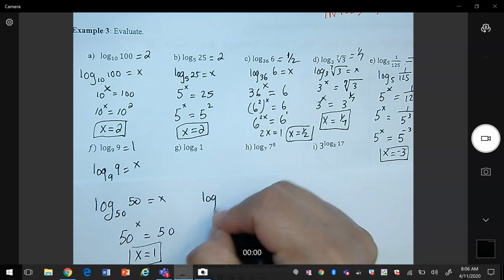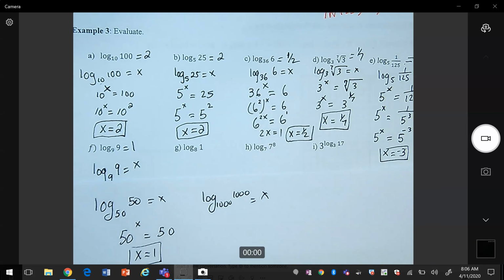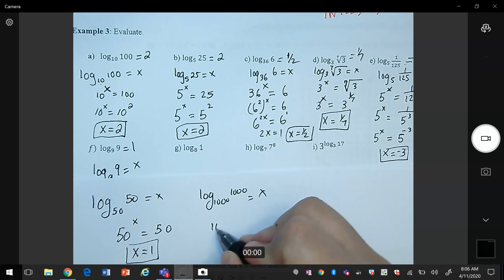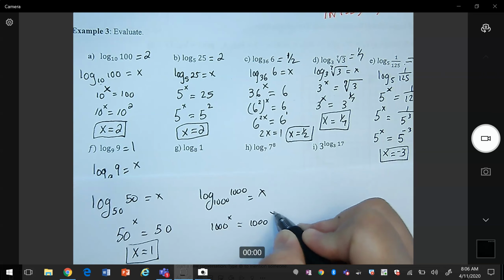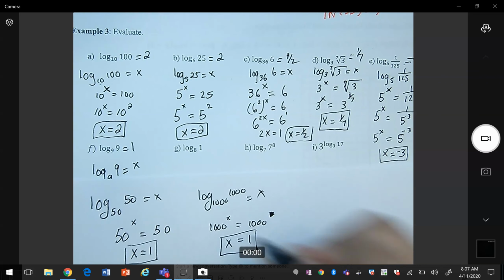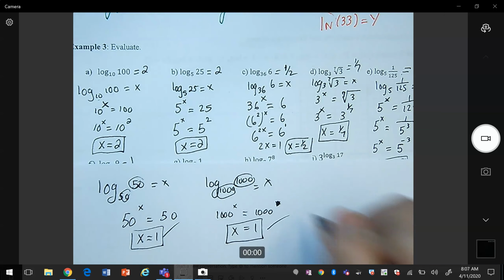Well, what if we had log base 1000 of 1000 is equal to x? So if you notice, as long as these two numbers are the same, our answer is always equal to 1.